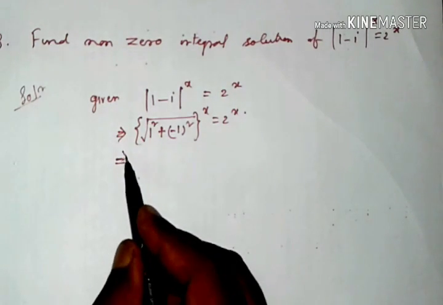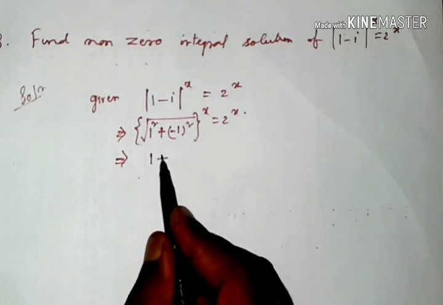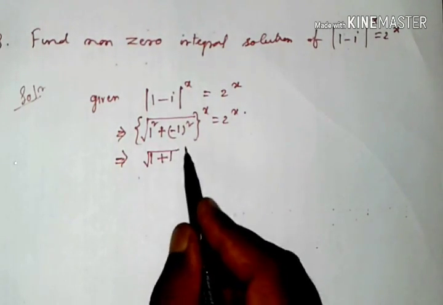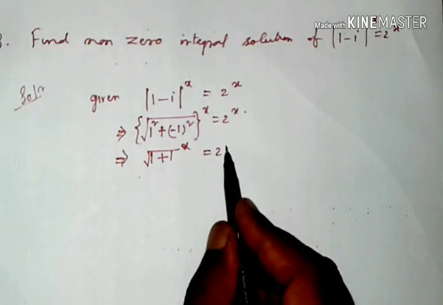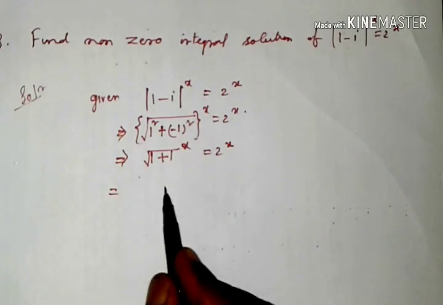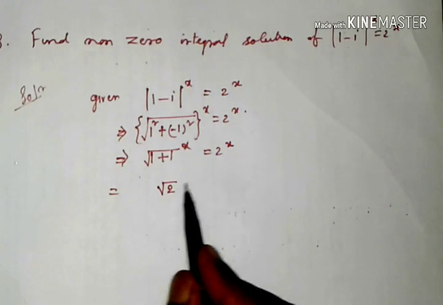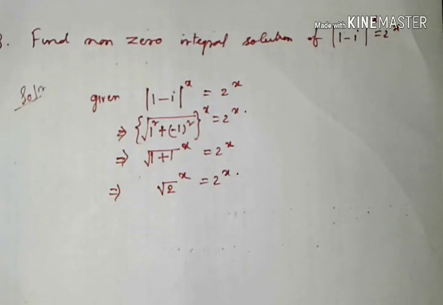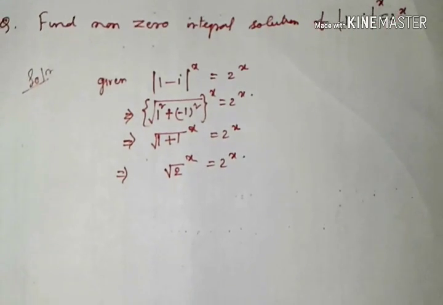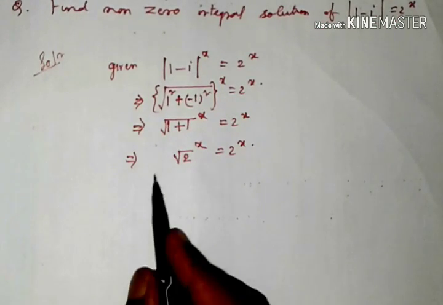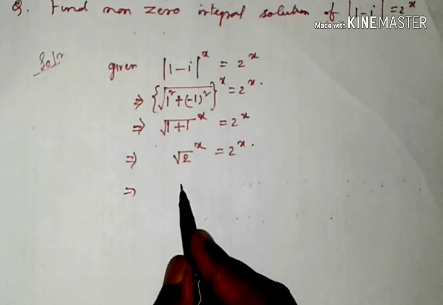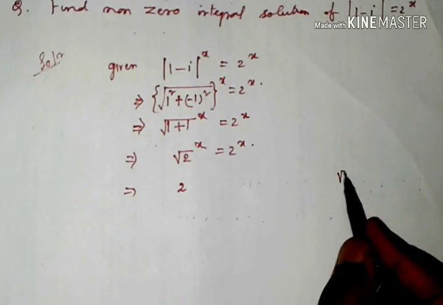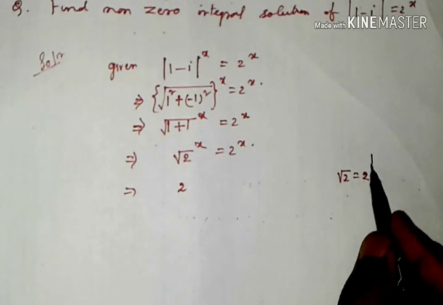This can be written as root over 1 plus 1, to the power x, that is root 2 to the power x, equal to 2 to the power x.